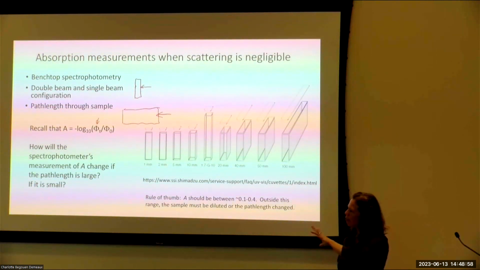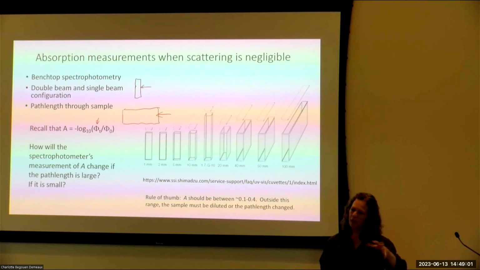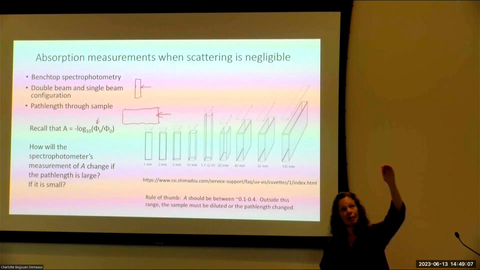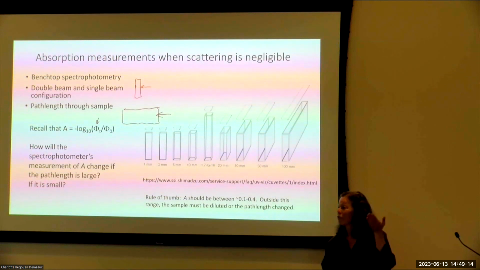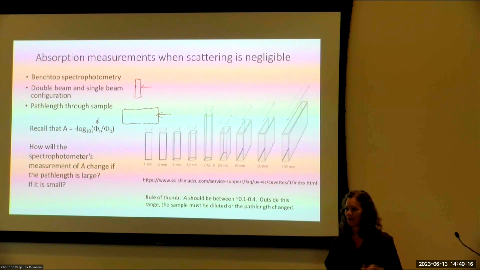You want to play with the path length relative to the absorbance of your sample, so you're getting a good read for the instrument. And if you think about CDOM, really high absorbance in the blue and UV and low absorbance in red, the path length that you need might actually be different for different parts of the spectrum.